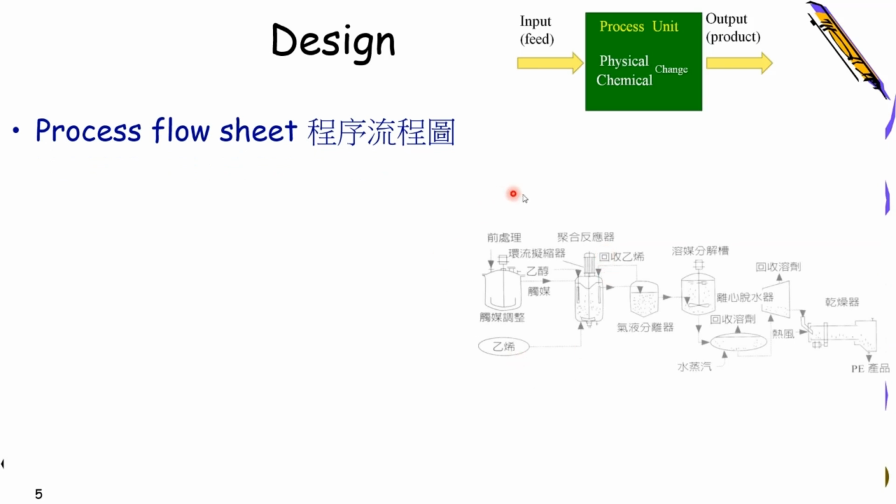I hope you remember this. You don't need to draw pretty pictures like this. You can just draw a box and say this is a reactor, this is a filtrator, or this is an evaporator. This is important: draw a process flow sheet.